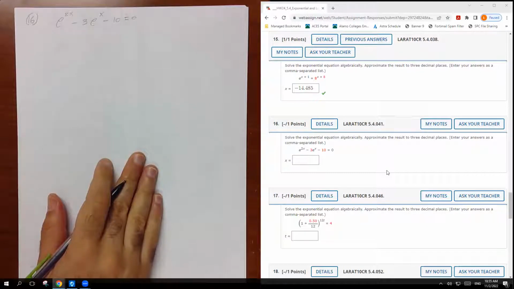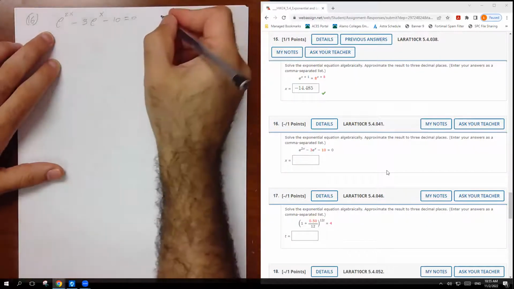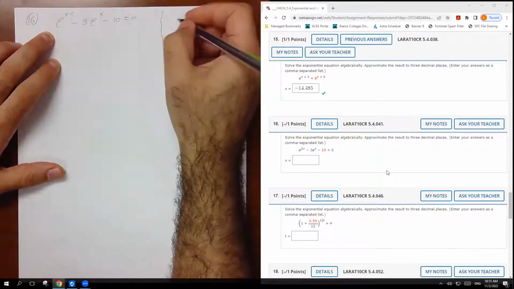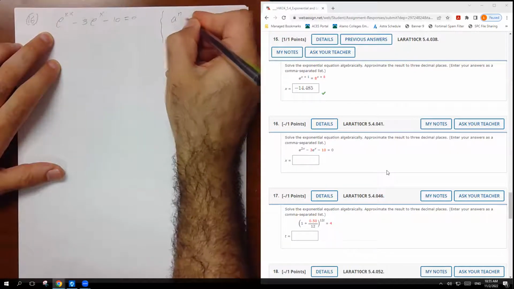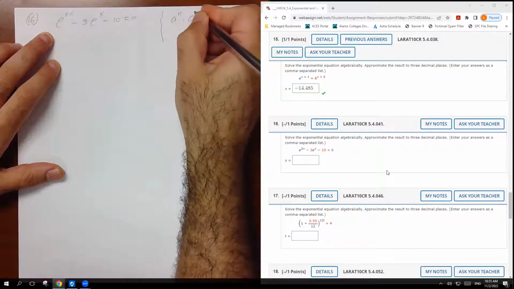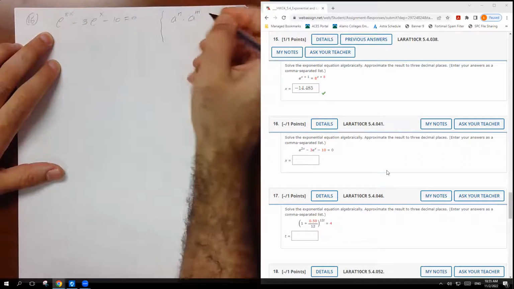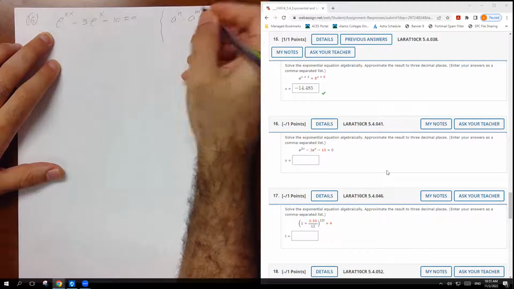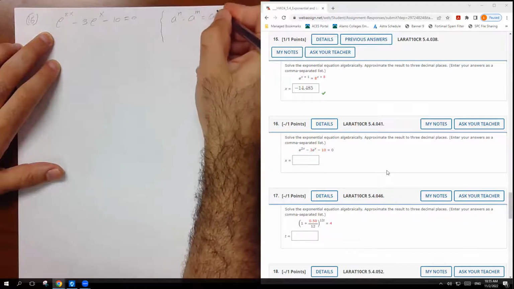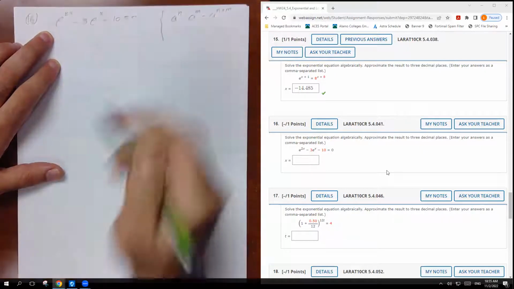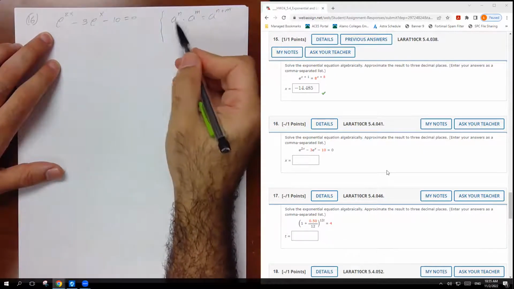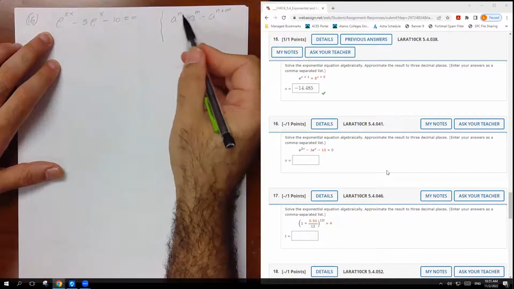First of all, we already know every time we have a number with the same base, different exponents, you're going to add the exponents. When you multiply two numbers with the same base, you add the exponents.